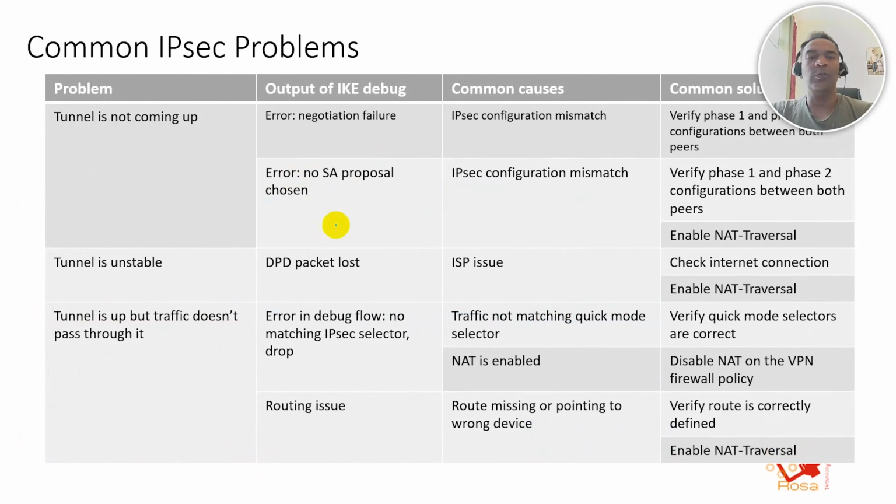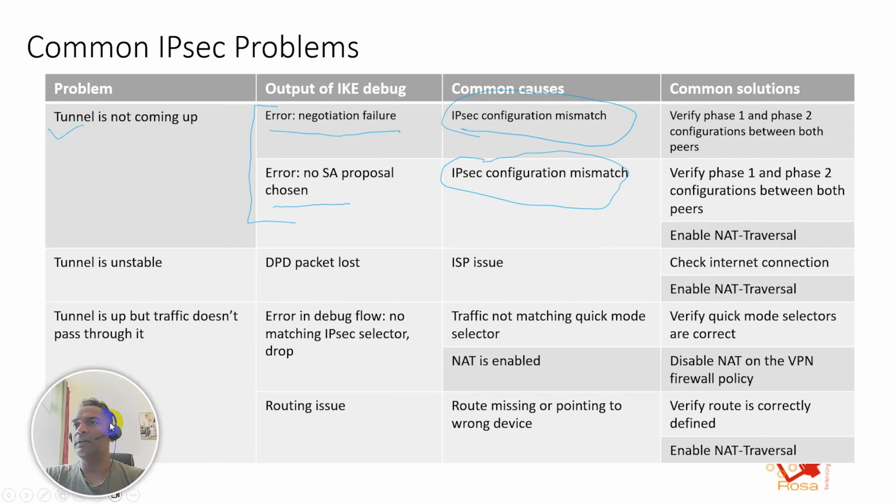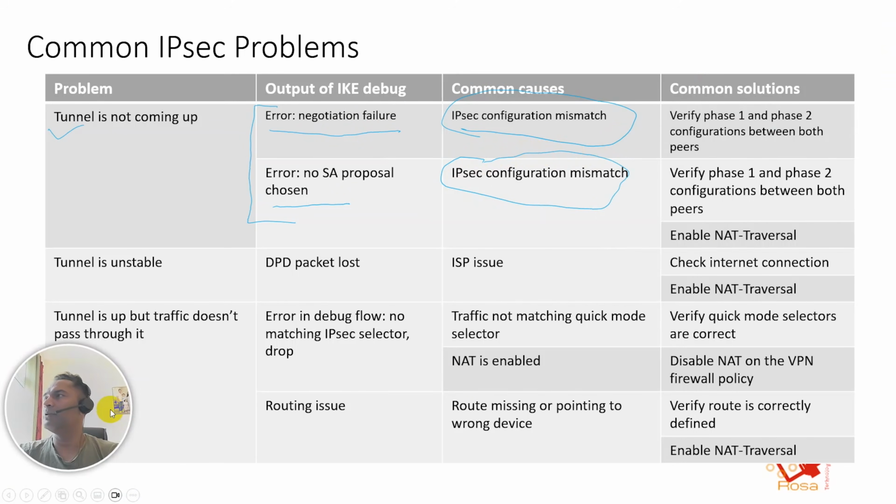Now, what are the common IPsec problems we generally get? The most common is that the tunnel is not coming up. If the tunnel is not coming up, what I have generally seen is negotiation failure or no SA proposal chosen. Negotiation failure is due to an IPsec configuration mismatch, and no SA proposal chosen is also due to an IPsec configuration mismatch.